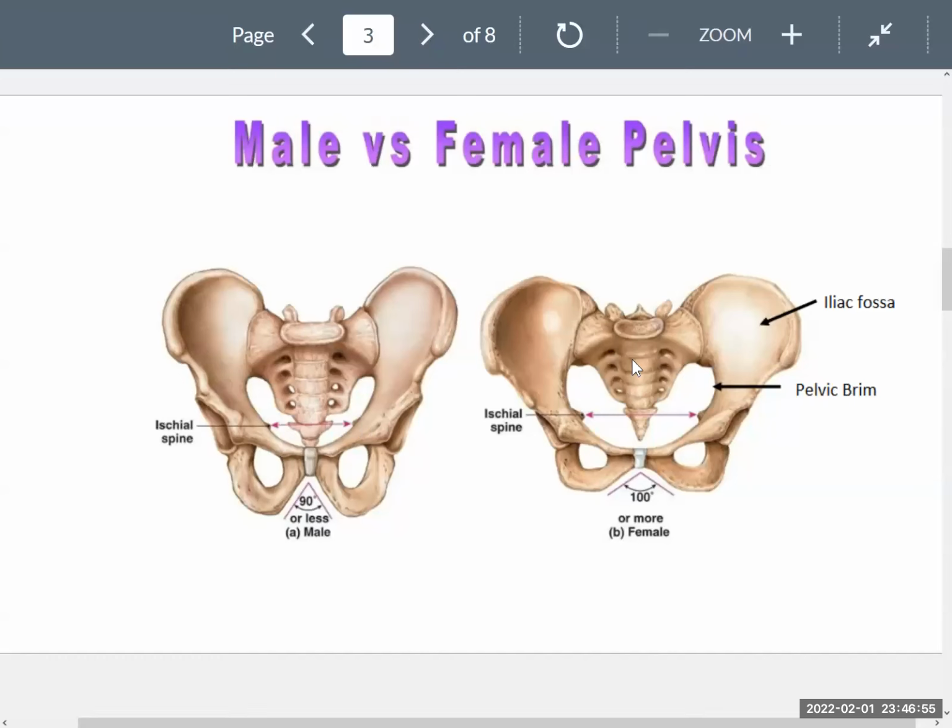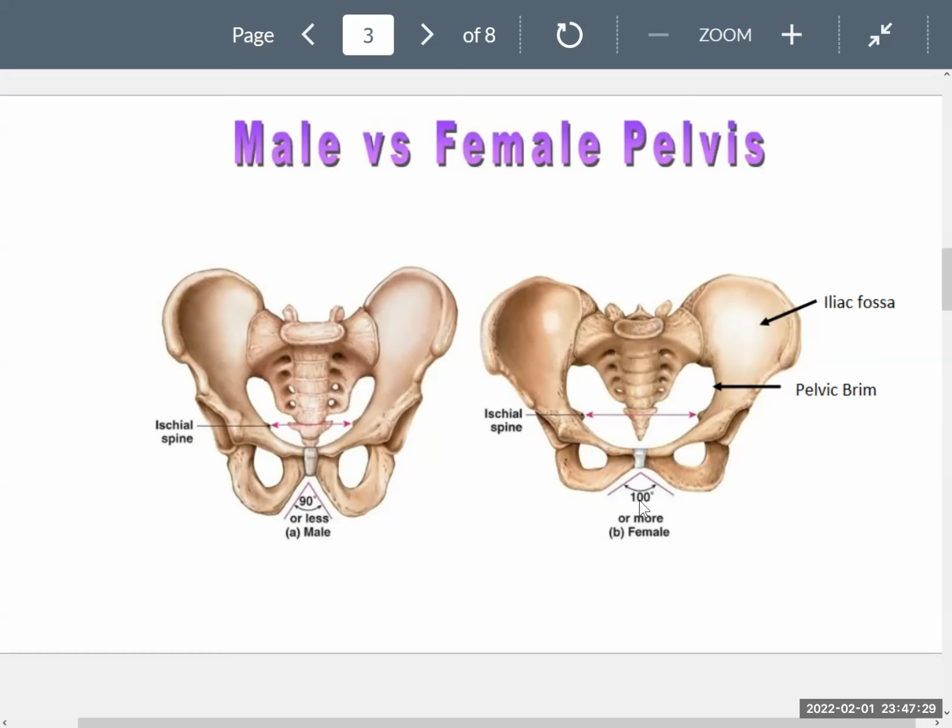We've got to put the sacrum in. And the sacroiliac joint, not labeled here, is right there. Sacrum, ilium. If we look at the underside below the pubic bone, this is the pubic bone.